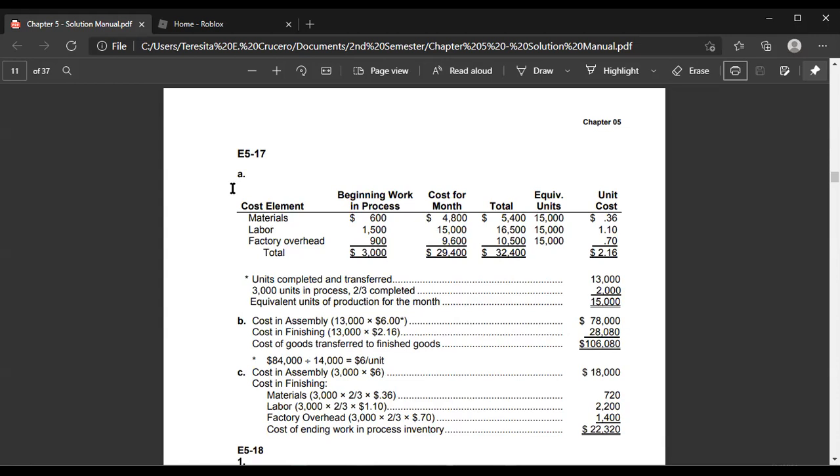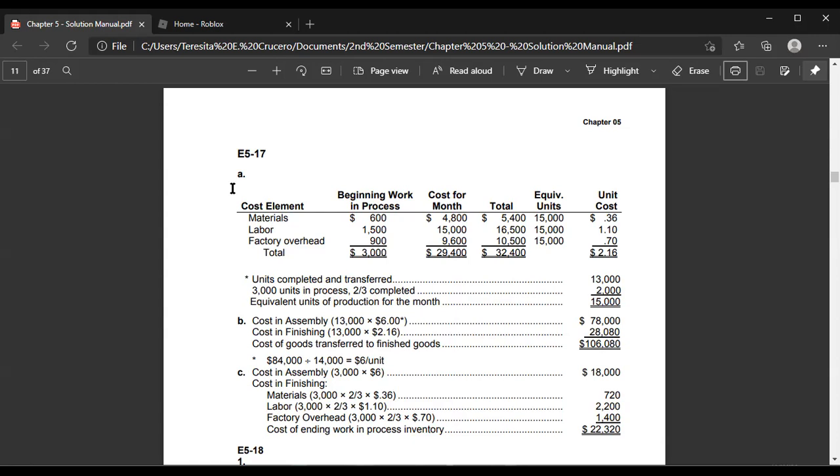If you want to determine the units in the quantity schedule, units to be accounted for is equal to 2,000 units plus 14,000. So 2,000 is your beginning inventory, and then we add 14,000 units received from assembly. So the total units to be accounted for is 16,000 units.